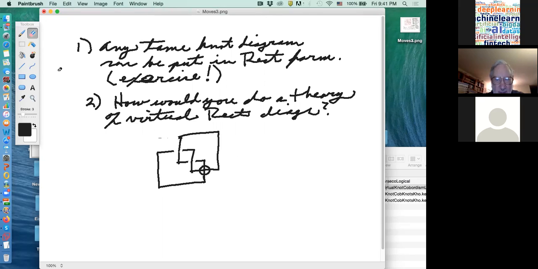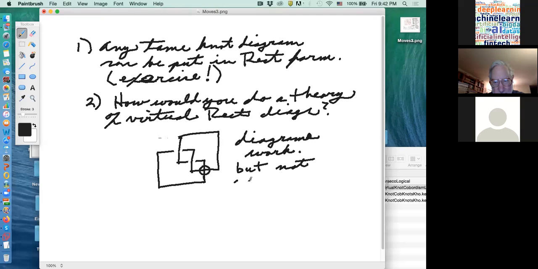But then the next question, so diagrams work. But not determined by black-white, right? Here, I could do the black-white. I could color these vertices.